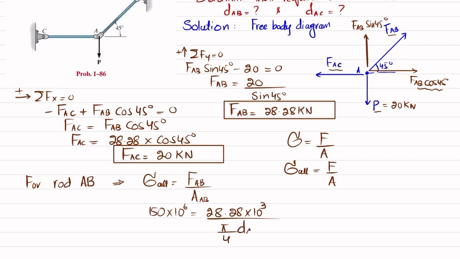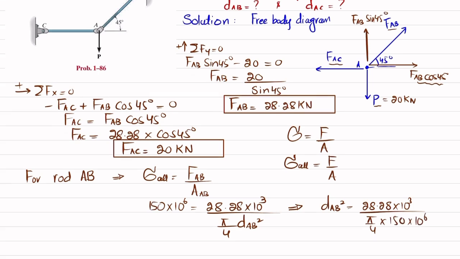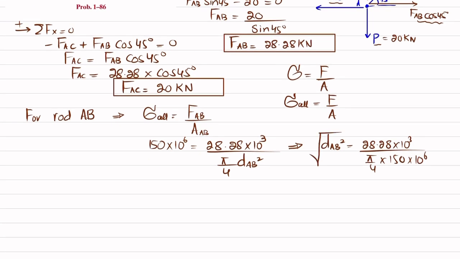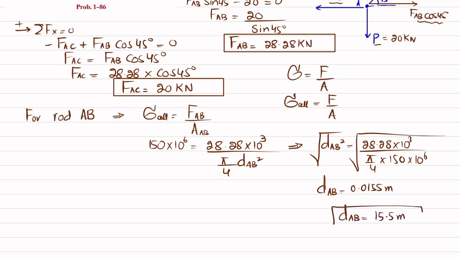From here, DAB square is equal to 28.28 into 10 to the power 3 divided by pi by 4 into 150 multiplied by 10 to the power 6. Taking the square root on both sides, the diameter of rod AB will be equal to 0.0155 meter, which in millimeter is 15.5 millimeter.